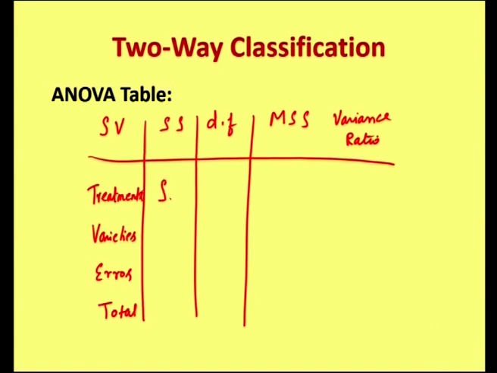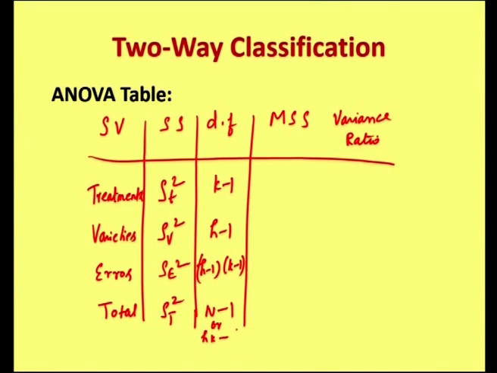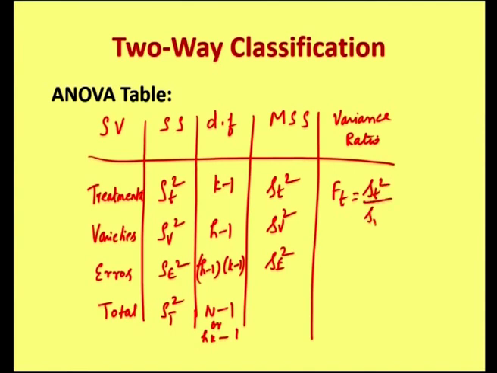And sum of squares due to treatments is denoted by st squared, and here sv squared, se squared, and the total sum of squares is capital St squared. Degrees of freedom we have k minus 1, h minus 1, h minus 1 into k minus 1 for error, and n minus 1 or hk minus 1. Mean sum of squares st squared, sv squared, small se squared, and variance ratio here for treatments it is Ft is equal to small st squared by small se squared.